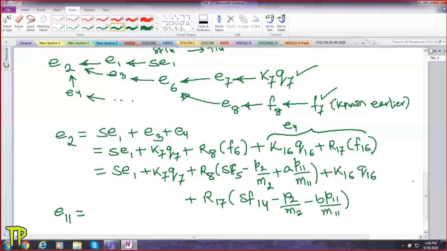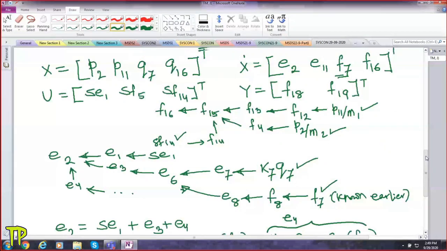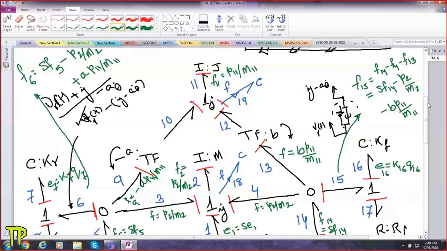So E11, so when we look at E11 in the bond graph, are you seeing the bond graph now? Yes, sir. Okay. So E11 is E10 plus E12 minus E19.